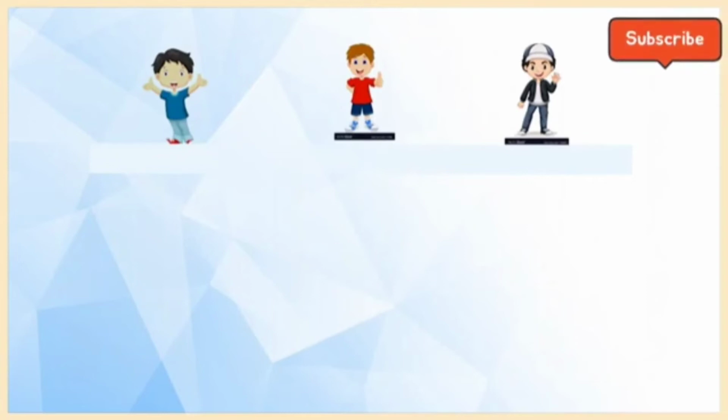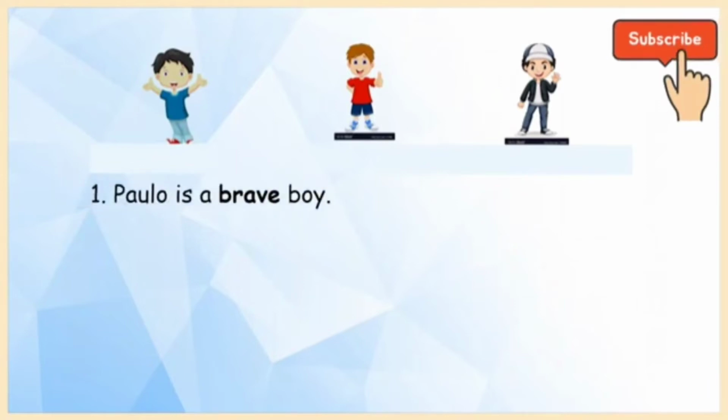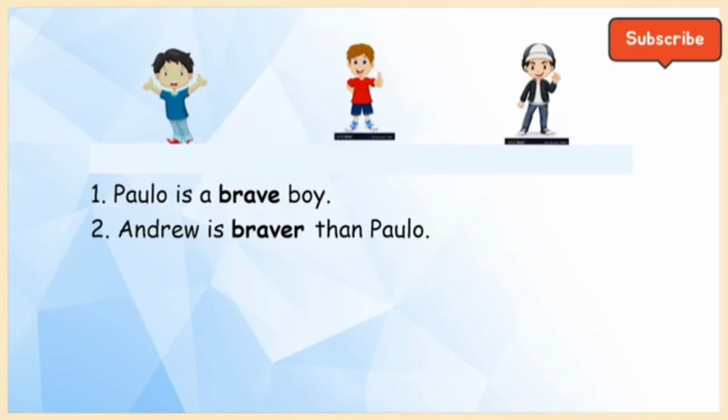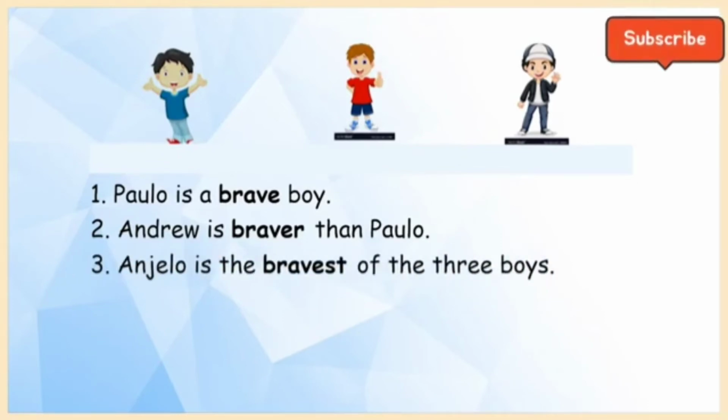Look at the three words. Read the sentences below. Paulo is a brave boy. Andrew is braver than Paulo. Angelo is the bravest of the three boys.